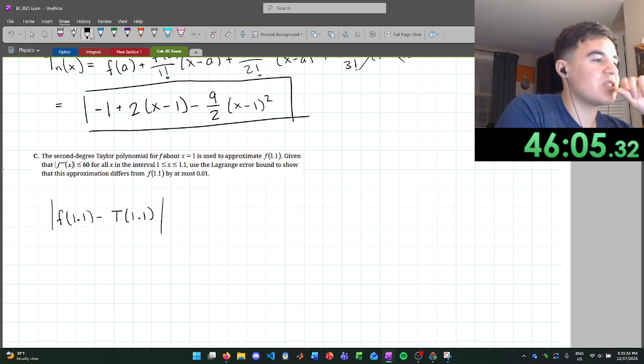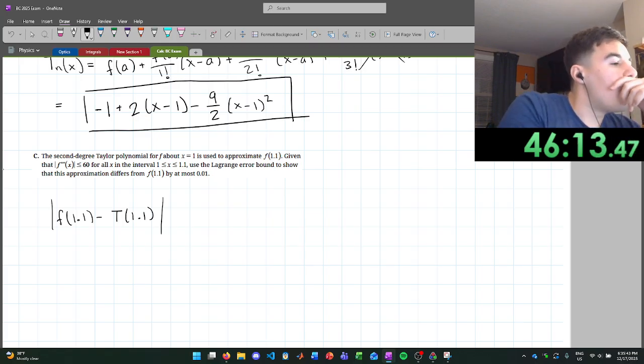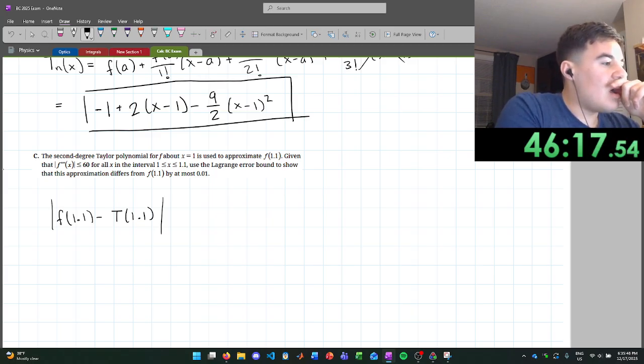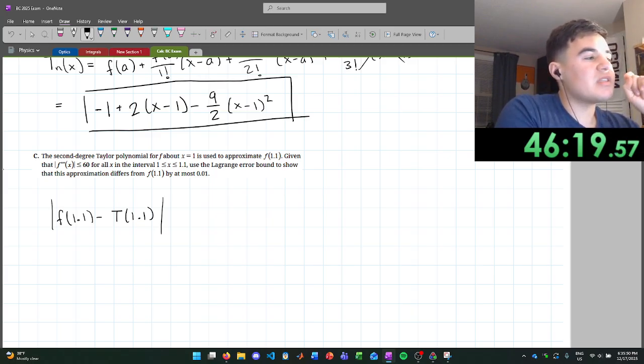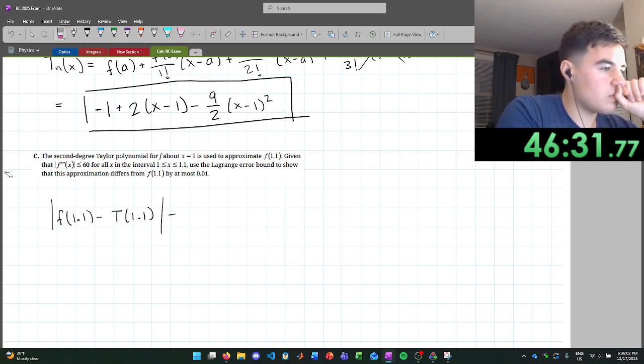The absolute value of this minus this is our error bound. Ours is going to be below or over it. f of 1.1 has a bunch of terms we don't know, but we know that this is going to be the same thing as if we imagine taking out the first couple terms, or hold on a sec.